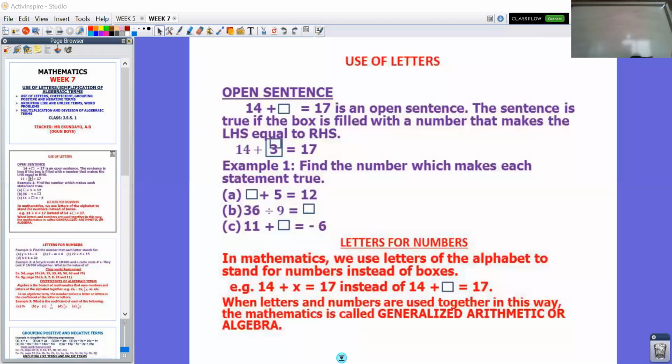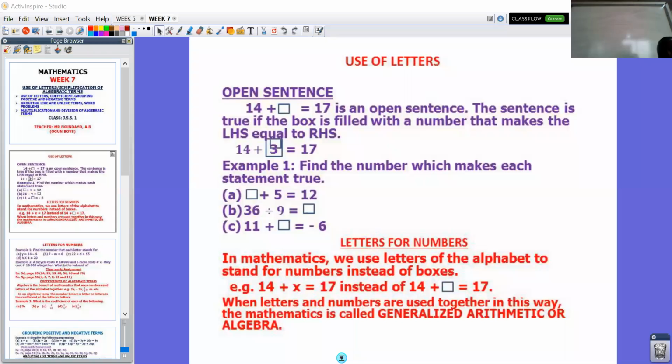But if the letter has been given to you in a problem, then you solve it like that. If you are the one introducing the letter, you can use any letter, maybe the first letter of your name. So 14 plus X equals 17. Instead of writing 14 plus the box, you can write 14 plus X.